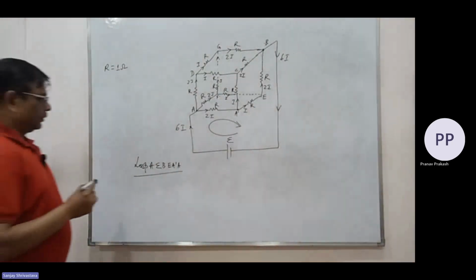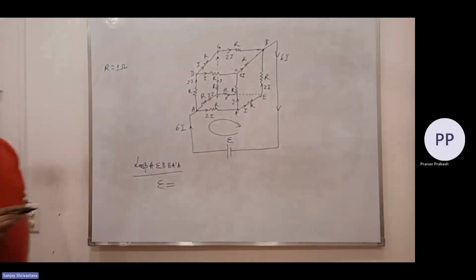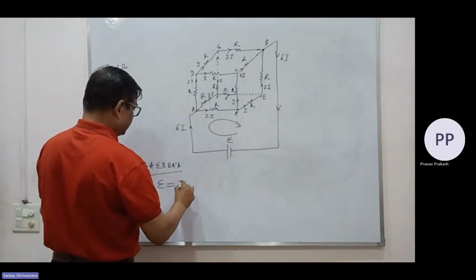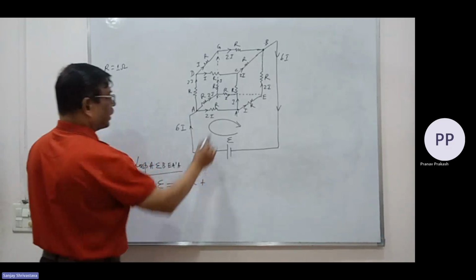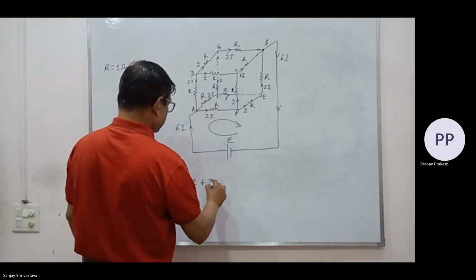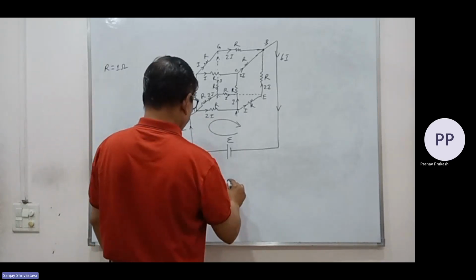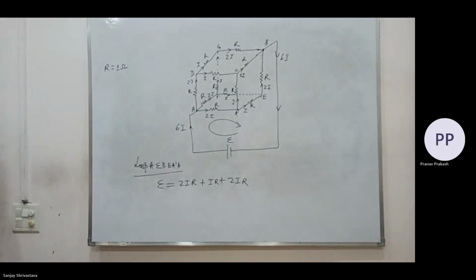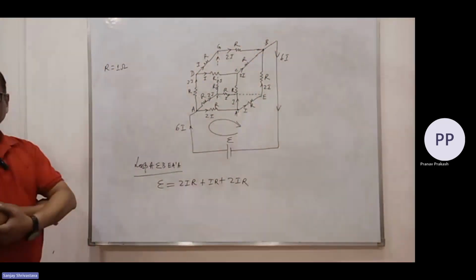So now one side will be epsilon, and this will be equal to 2I into R plus I into R plus 2I into R. So this equation will be epsilon equal to IR plus 2IR.